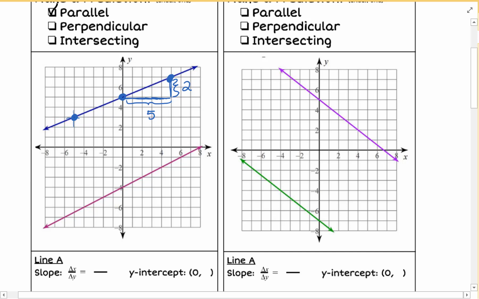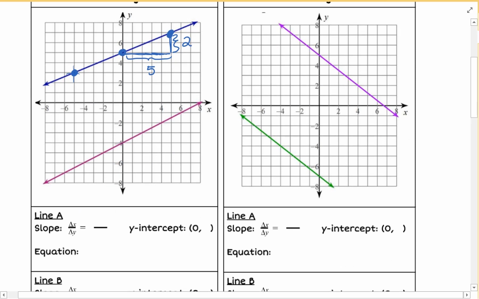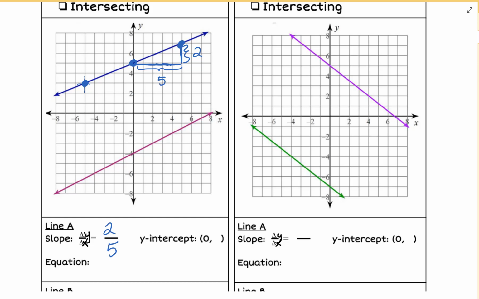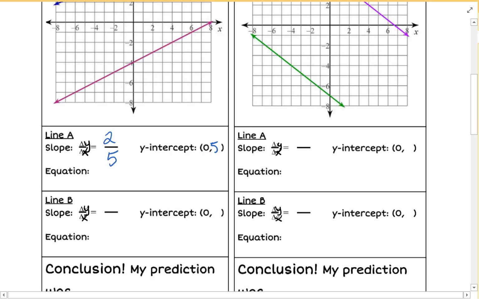So our slope should be positive. Positive delta y over delta x, 2 over 5. Crosses the y-axis at 5, so that will be my y-intercept. So the equation of this line would be y equals mx plus b, y equals slope times x plus y-intercept.